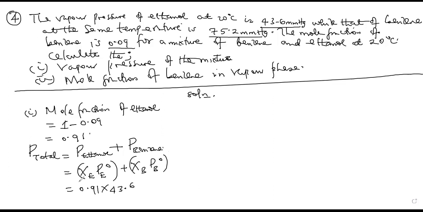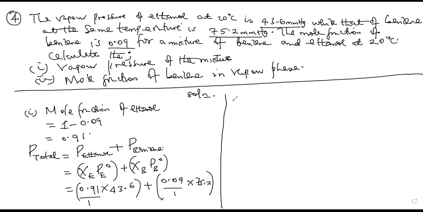But the total is 1, so it is 0.91 over 1. Then plus, for benzene, the mole fraction is 0.09 over total, which is 1, times its vapor pressure, which is 75.2.